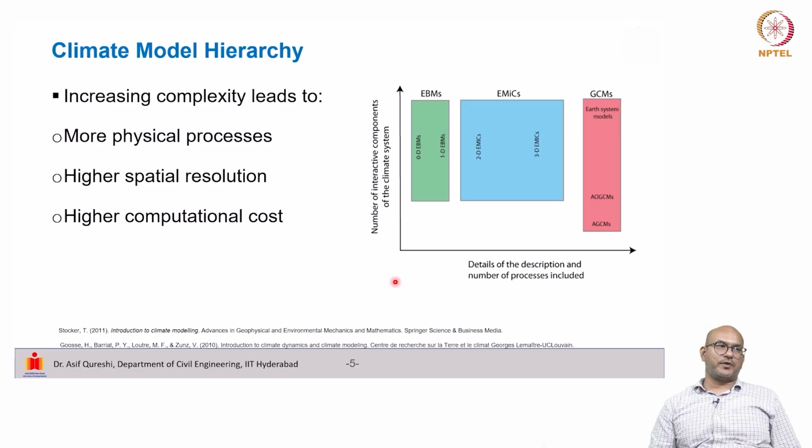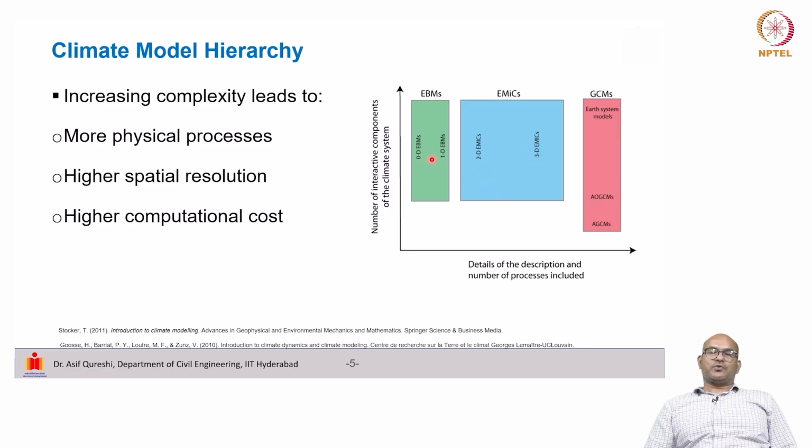If we were to plot this in x and y, we have the details of the description and the number of processes. Here, to the far right, we have AGCMs, OGCMs, atmosphere and ocean models, and the Earth system models. In between we have 2D and 3D Earth system models of intermediate complexity.